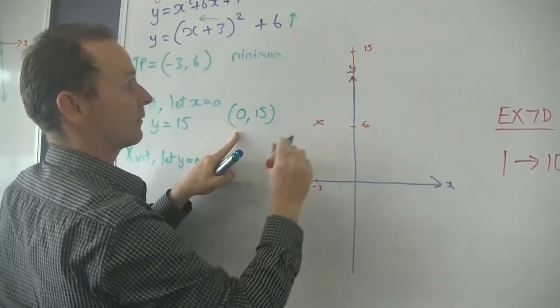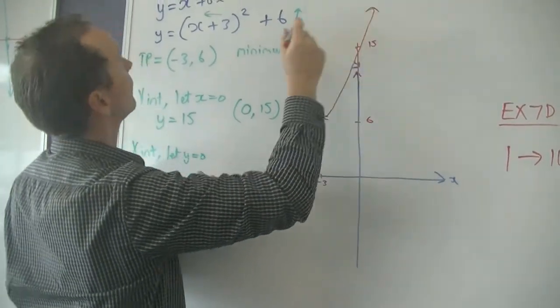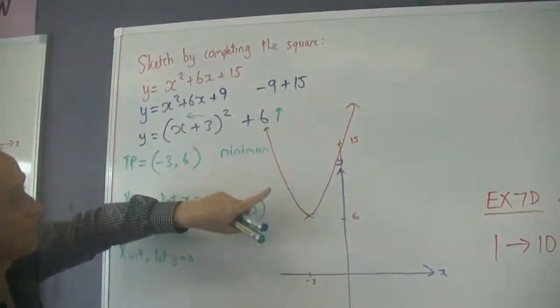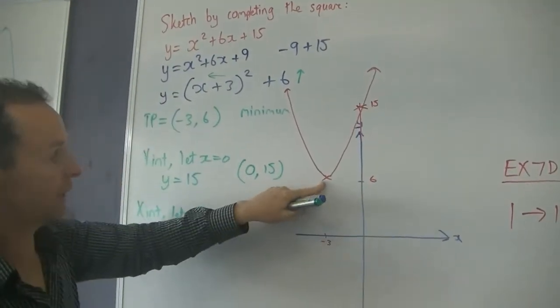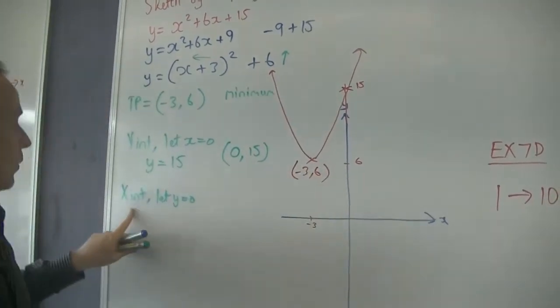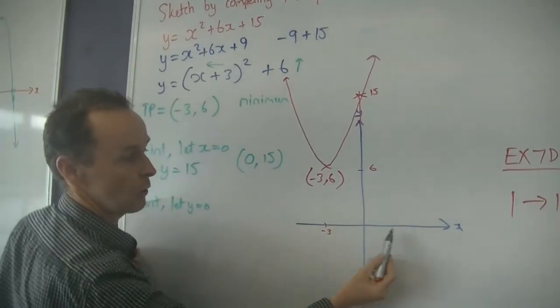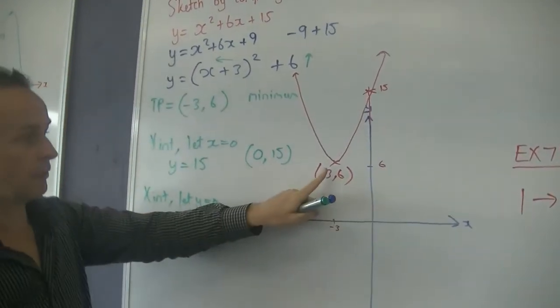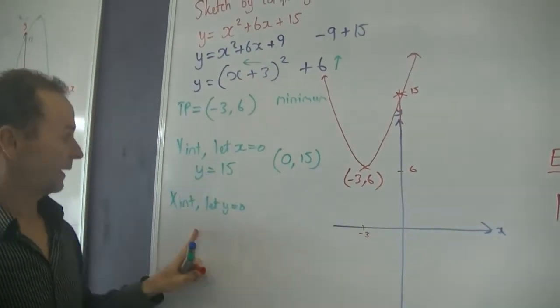So I didn't make it high enough, so it's somewhere there. So there's our sketch. We've got our y-intercept at 15, our turning point at -3, 6. Are we going to waste time trying to work out our x-intercepts? No, we're not, because we can see from our turning point and the fact that it's an upright parabola that there are no x-intercepts.